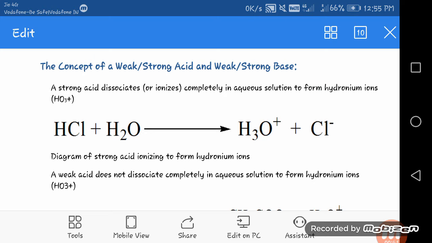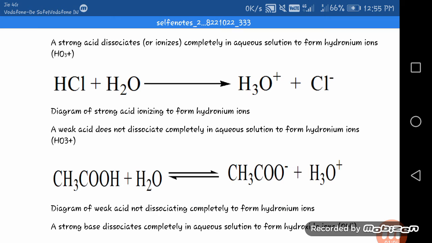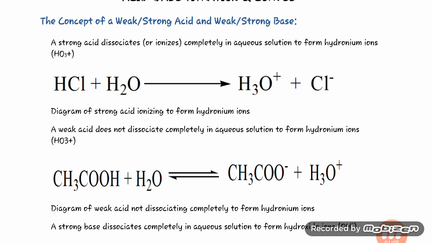So you can see here a reaction in which a strong acid, which is HCl, reacts with the water and gives hydronium ion, liberating the chloride ion outside. Then the diagram of the strong acid ionizing to form hydronium ion is given here.